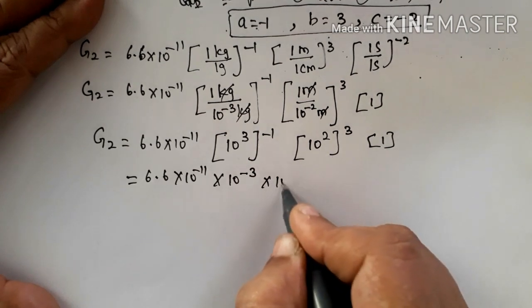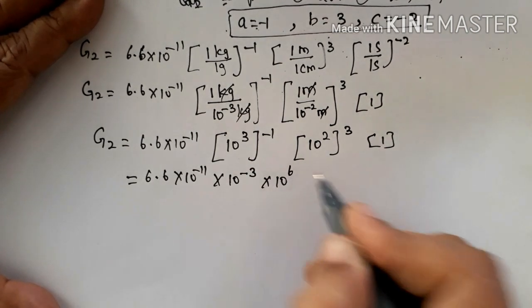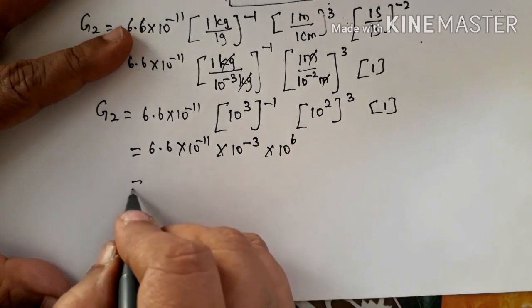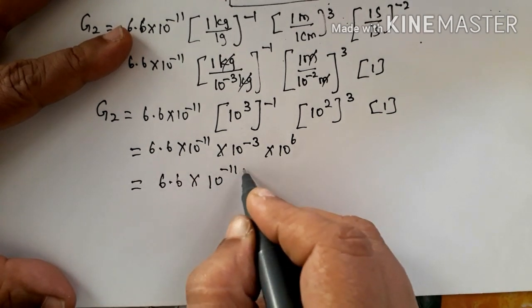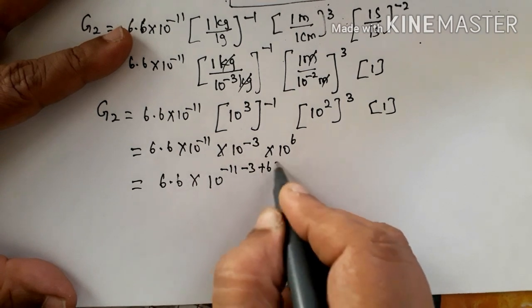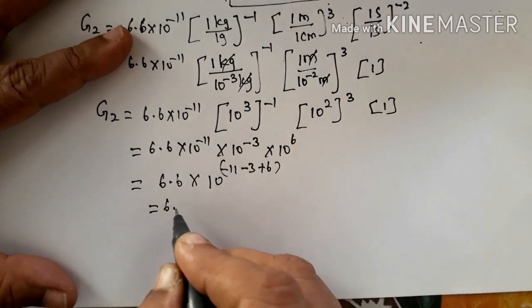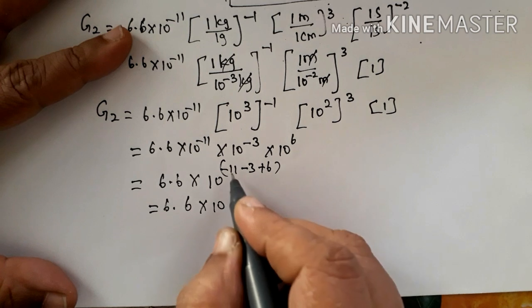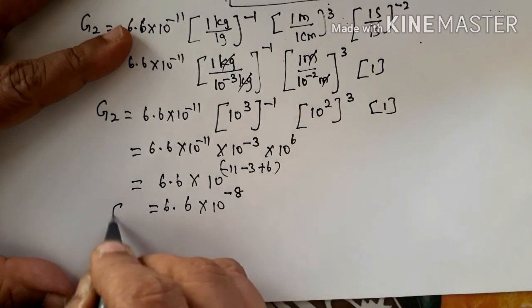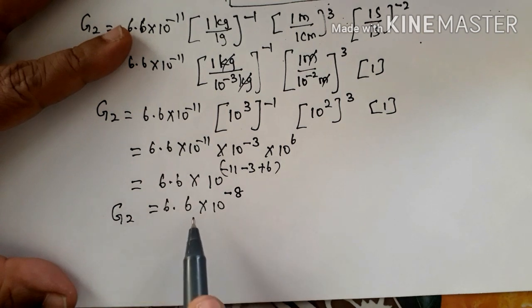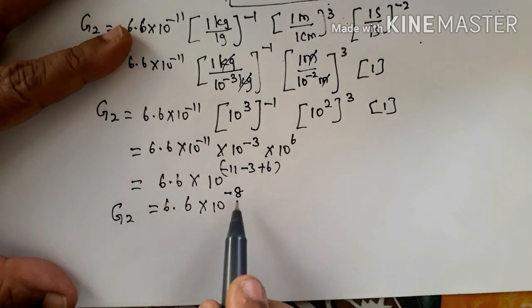Here 10 power 2 into 3 is 6. So what will you get if you simplify? 10 power minus 11 minus 3 plus 6, right? So 6.6 into 10 power minus 14 plus 6 is nothing but 10 power minus 8. So the G2 numerical value is 6.6 into 10 power minus 8.